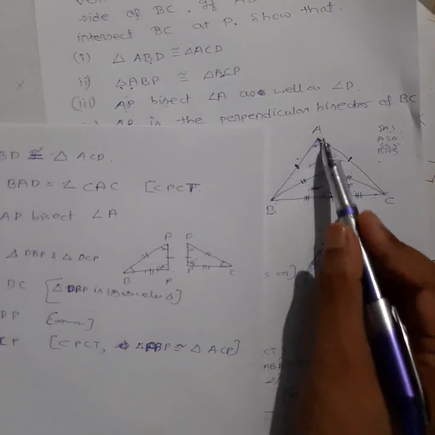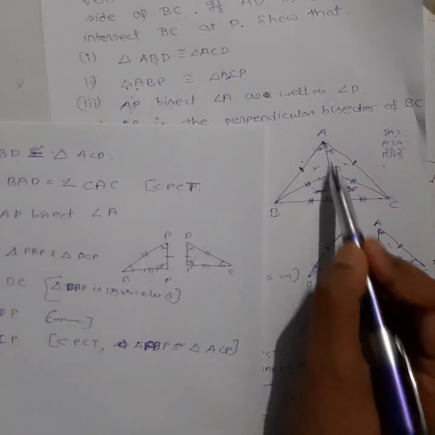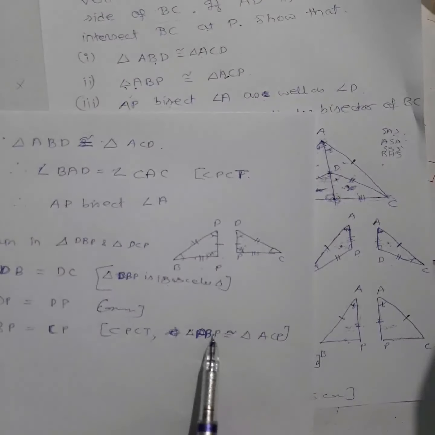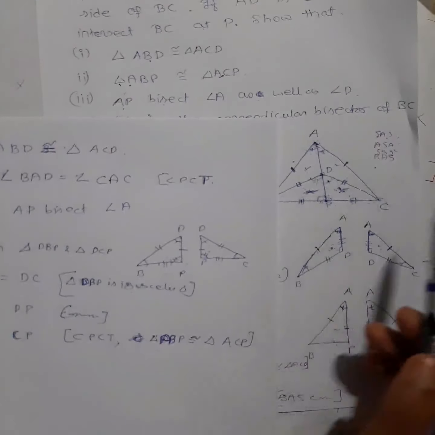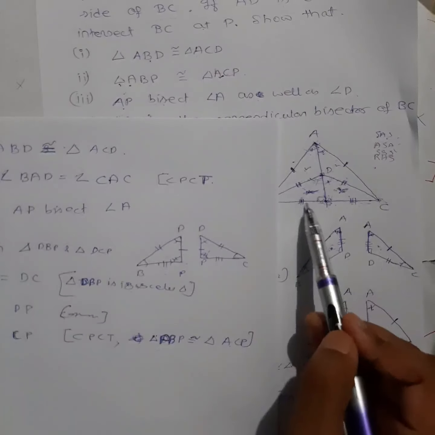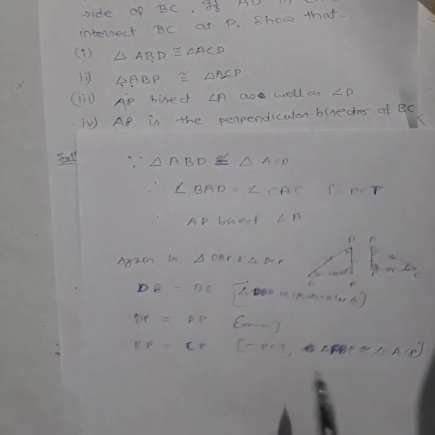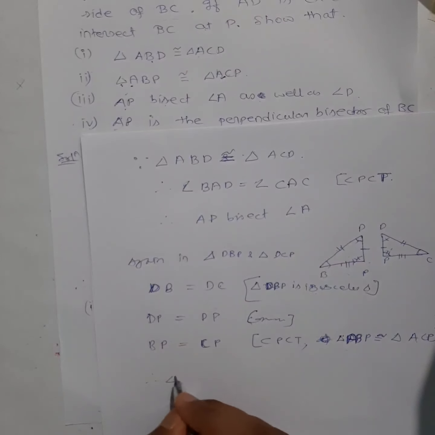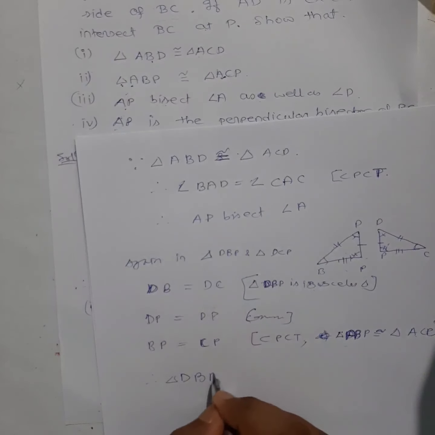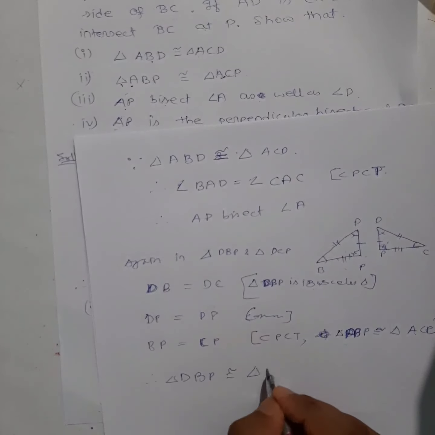We have seen that ABP is congruent to ACP. These two triangles we have already proved, right? That's why all its corresponding parts will be equal. So this part also will be equal. Okay, so you can see the sides we have already shown, right? So therefore triangle DBP is congruent to triangle DCP.